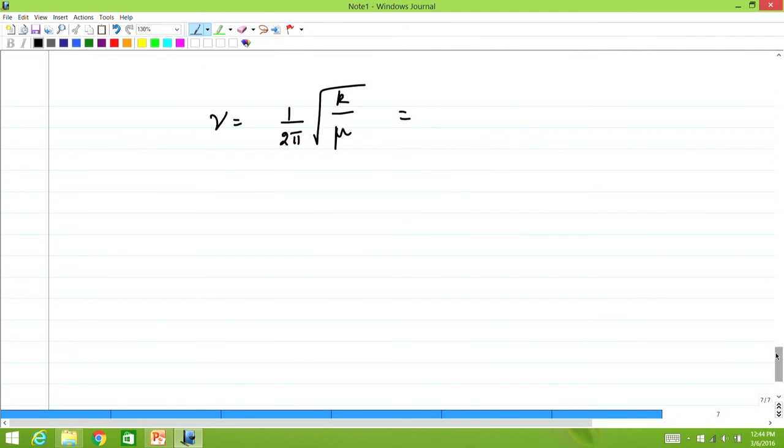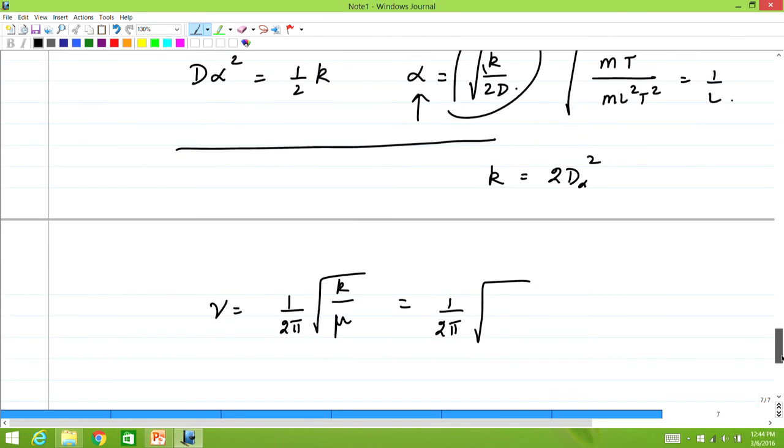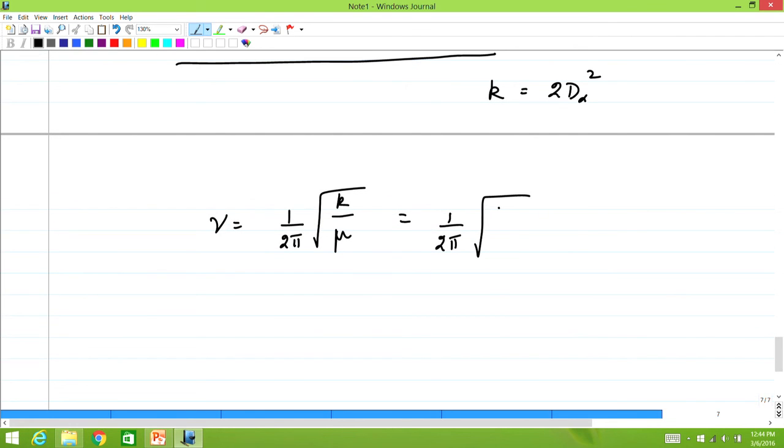Therefore, the Morse oscillator frequency in the harmonic limit will be 1 by 2 pi square root of 2D alpha square by mu. So, the Morse parameters D and alpha and the reduced mass of the molecule are used to define the harmonic frequency in the limit of small approximation.